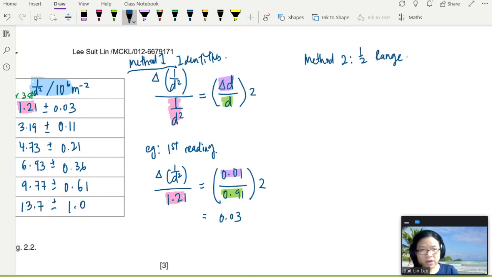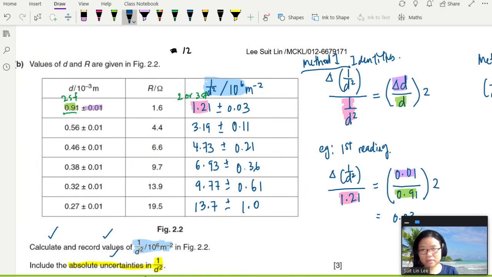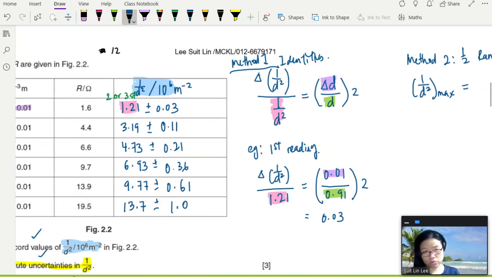So I need to find the maximum value of 1 over d square. So I look at the reading of d. The first reading of d is 0.91 plus minus 0.01. So the biggest possible value for this is 0.92. The smallest possible value is 0.90.